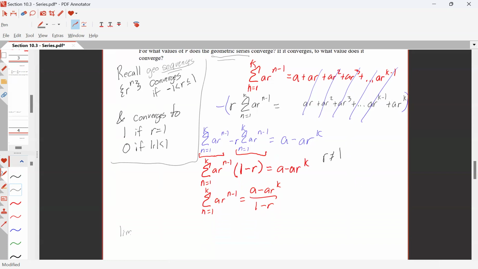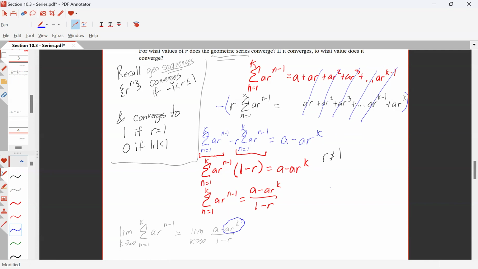So we're going to look at this limit as k goes to infinity of the sum n equals 1 to k of a r to the n minus 1, which is equal to the limit as k goes to infinity of a minus a r to the k over 1 minus r. The only thing controlled by the limit here is that a r to the k.